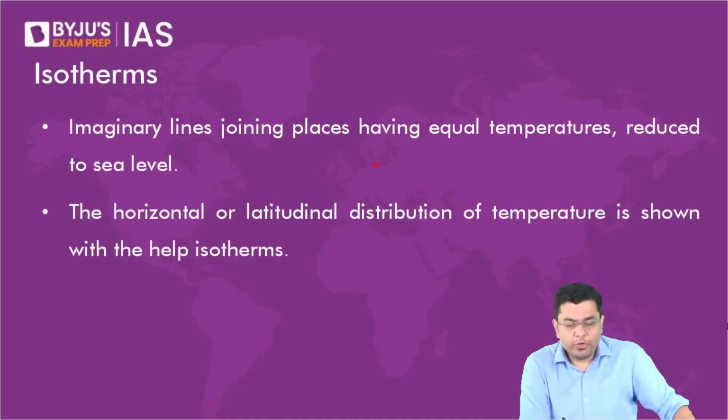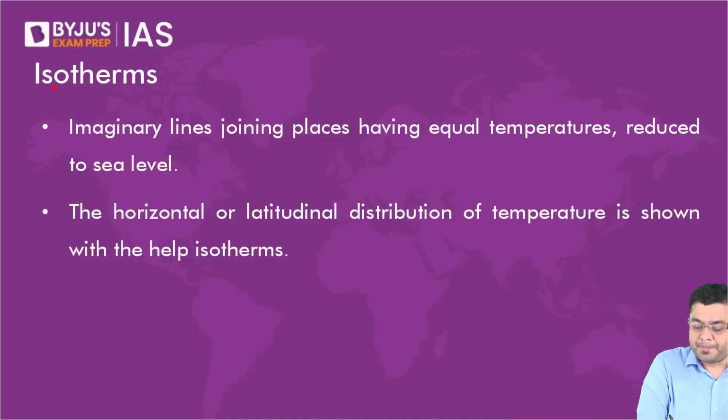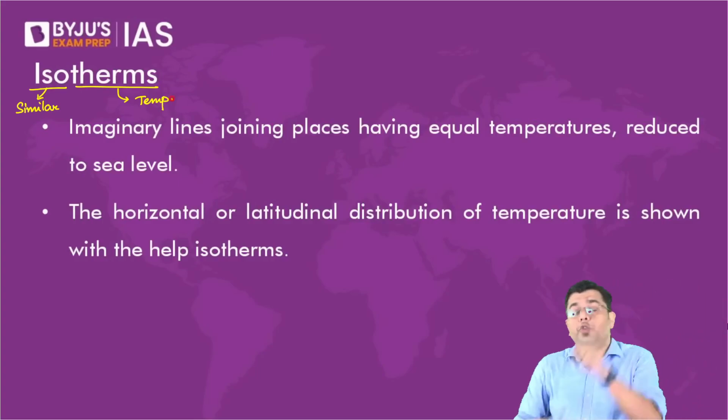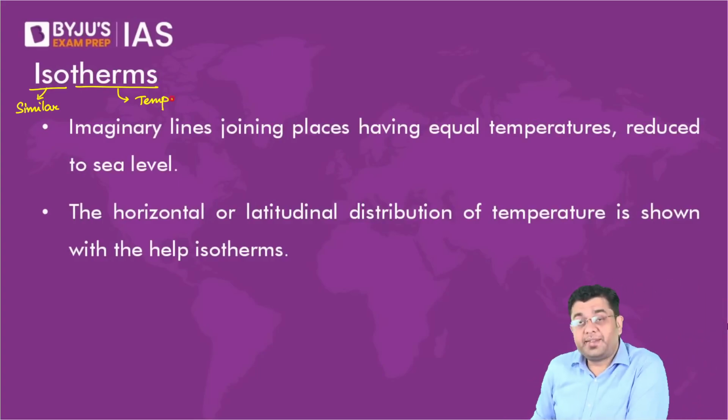So iso refers to something similar or equal, and therm indicates temperature. Isotherms will always join those places having the same temperature.